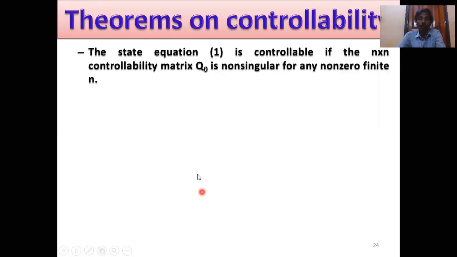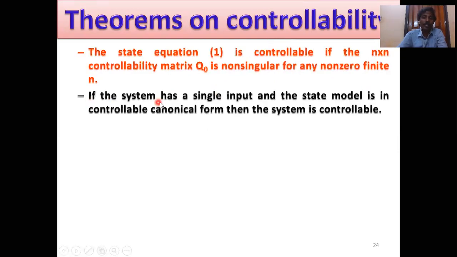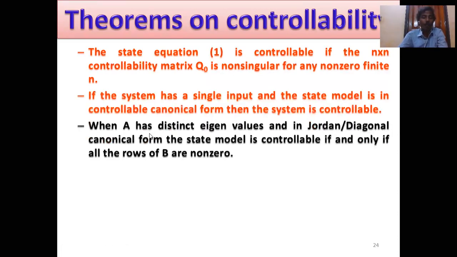The state equation is controllable if the n cross n controllability matrix Q0 is non-singular. Theorem on controllability: if the system has a single input and the state model is in controllable canonical form, then the system is controllable. Another condition: when A has distinct eigenvalues in Jordan diagonal canonical form, the state model is controllable if and only if all the rows of B are non-zero.